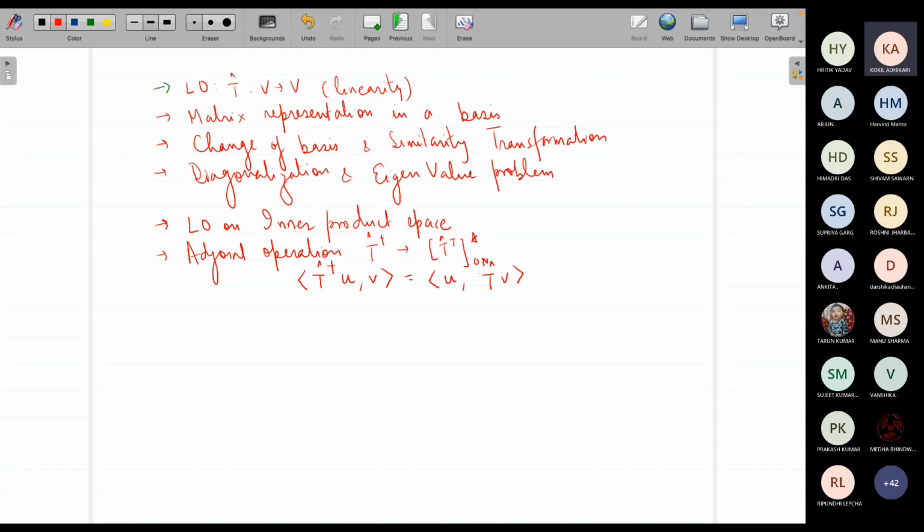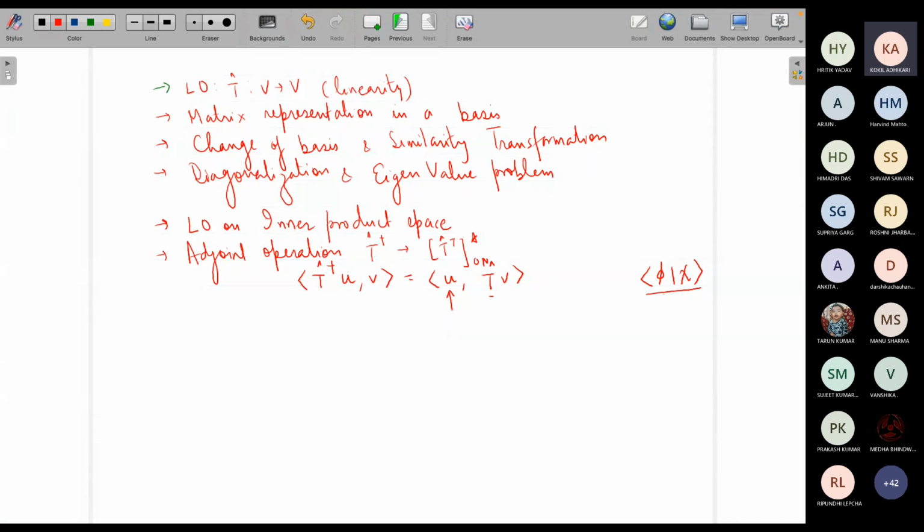The reason for choosing the word adjoint is that in an orthonormal basis, the matrix representation of this operator would be nothing but the transpose and complex conjugate of the original one, T. Remember, the word adjoint we also use for the dual space, the way Dirac explained it. Everything we write on the left hand side could be taken as the adjoint space in Dirac's notation, which is the bracket notation you are now regularly using in your quantum mechanics class.